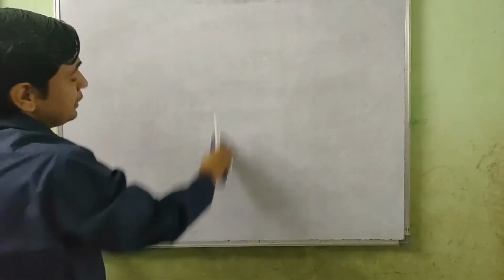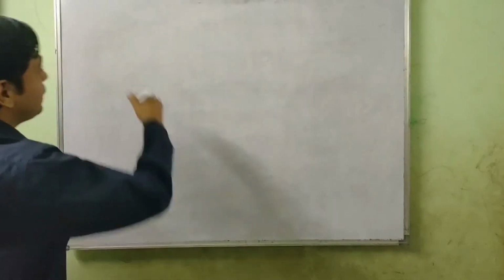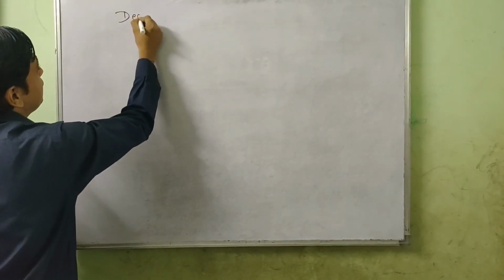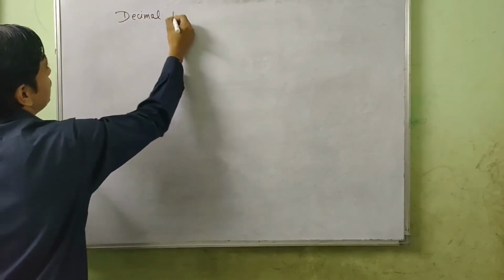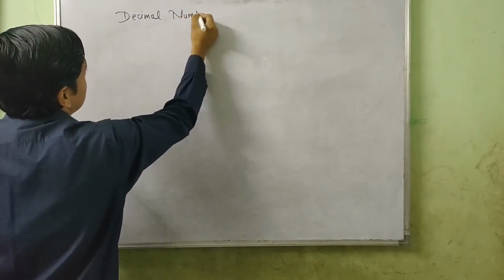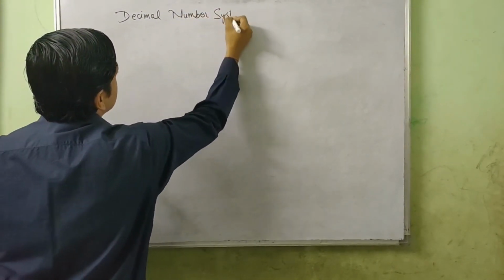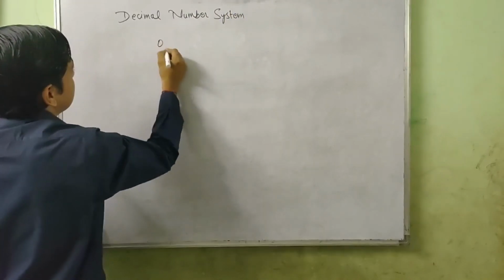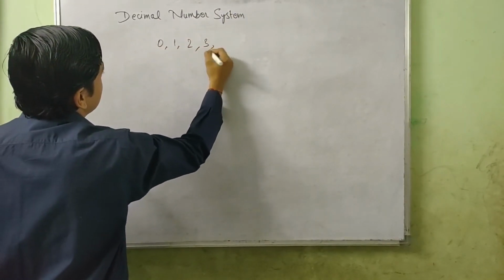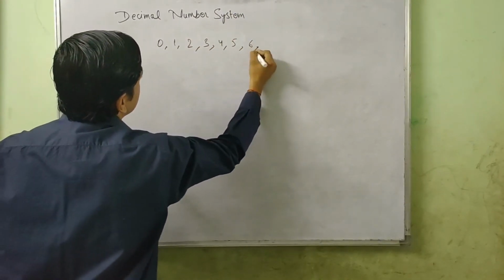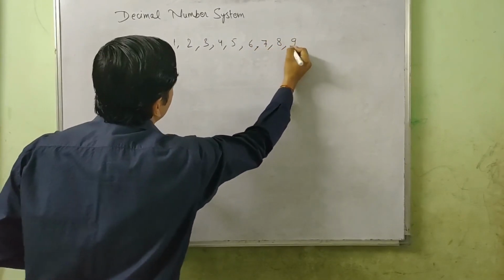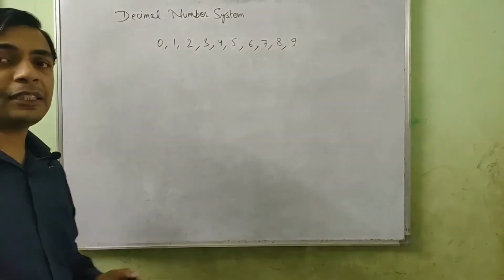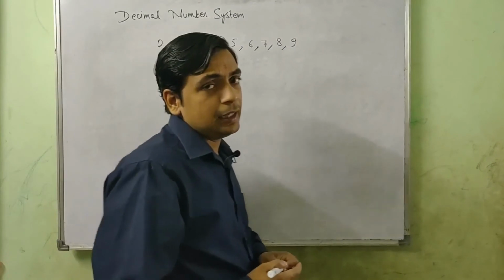Okay, so let's see the number system that we are familiar with, the decimal number system. In the decimal number system, there are 10 digits, and they are 0, 1, 2, 3, 4, 5, 6, 7, 8, 9. Now can you tell me the smallest digit? Yes, 0.